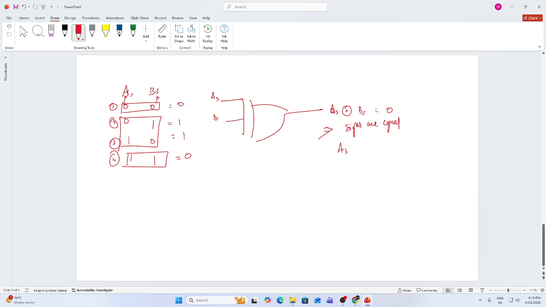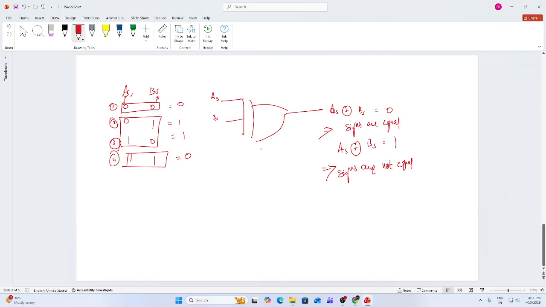If the output is 1, we interpret that signs are not equal. This way the signs of two numbers can be compared with the help of an XOR gate.